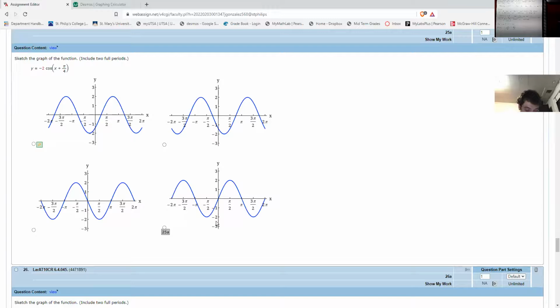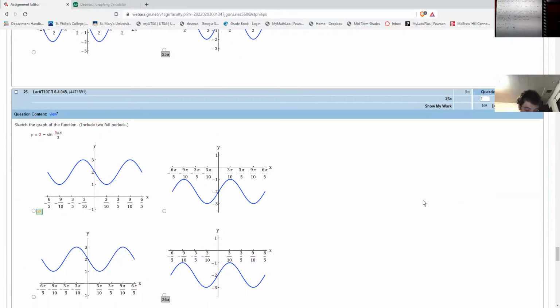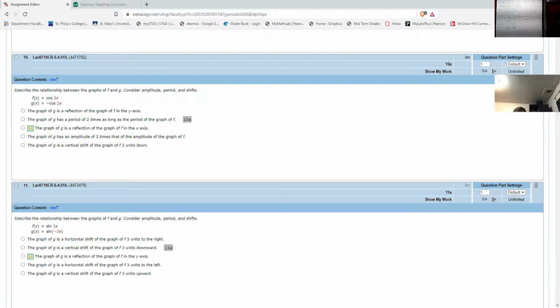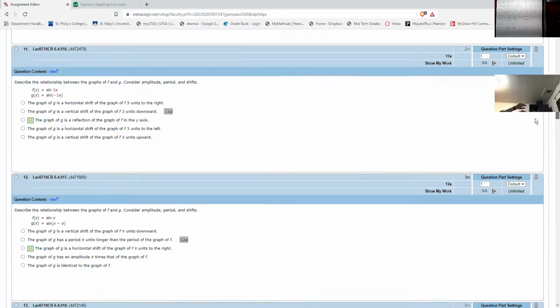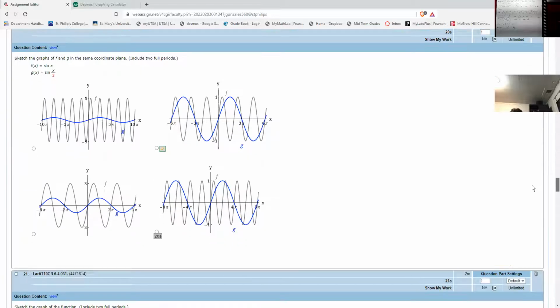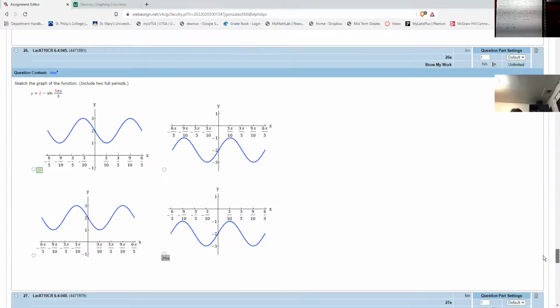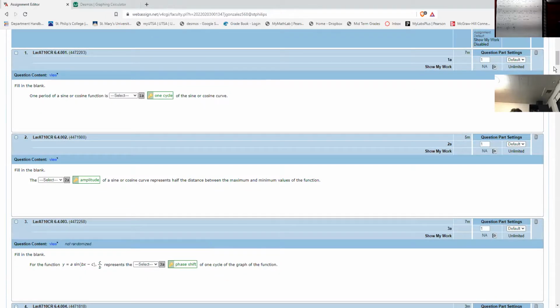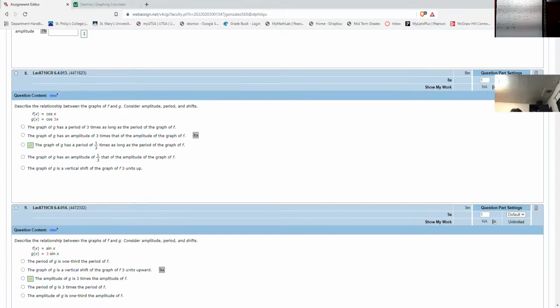So the rest are just literally just plug them in and graph and see what's going on. I do want you to look into these problems up here so you can understand the concept a little bit, but the work itself is really just using your graphing calculator or the graphing website. That's all I'm going to ask about. I'm not going to force you to do it all by hand, like old school.